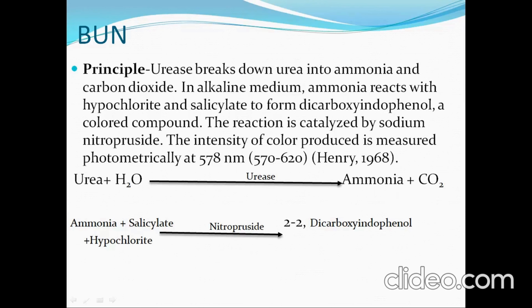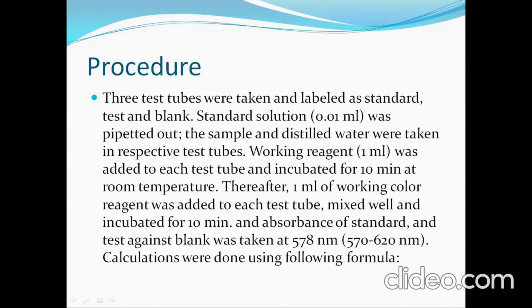Urea plus water in presence of urease is converted into the ammonia and carbon dioxide, whereas ammonia plus salicylate and hypochlorite in presence of nitroprusside gets converted into 2,2-dicarboxy-indophenol, which is a color compound, and hence we will get its intensity photometrically.